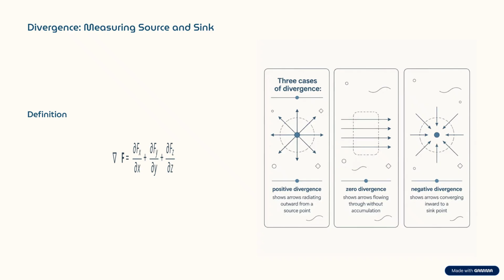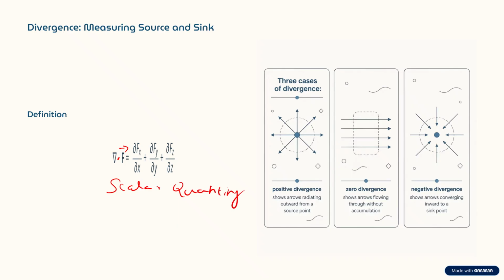Del dot f vector represents the amount of flux that diverges per unit volume in unit time. And this quantity del dot f vector, being a dot product, is a scalar quantity.